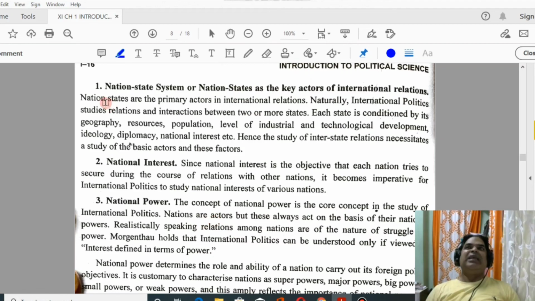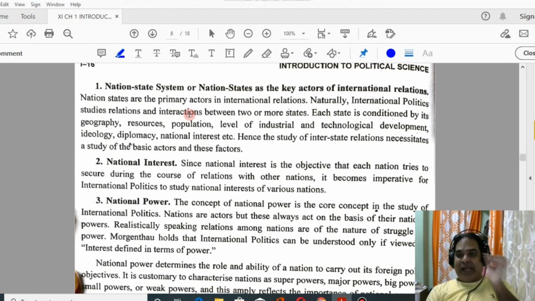No state can live in isolation. Every state needs to work and cooperate together for making the world beautiful for peaceful living. So nation states are the primary actors in international relations. Naturally, international politics studies relations and interaction.